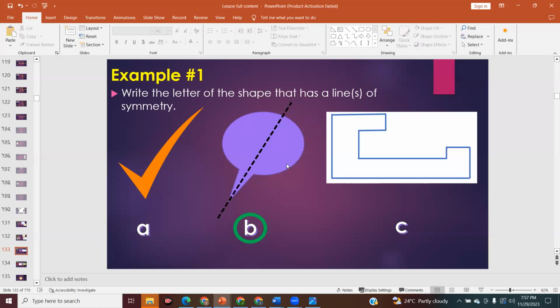All right, take a picture of your work and send it to me via WhatsApp.